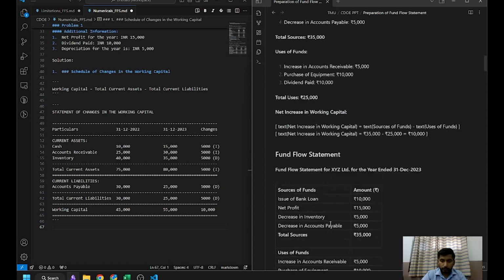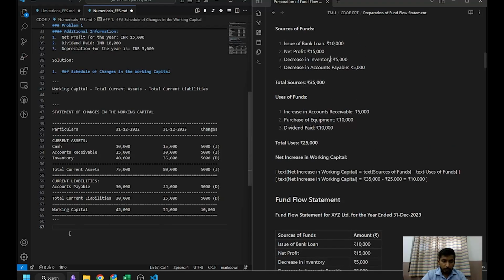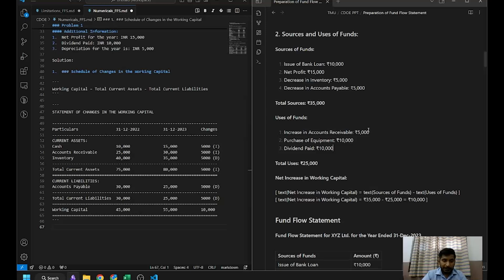Okay. Then the second statement that will come out is sources and uses of funds. So here we will talk about sources of funds.